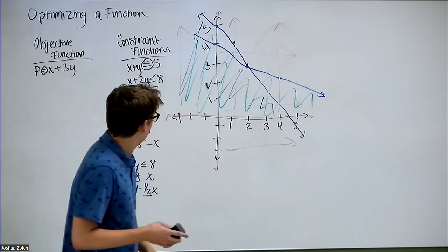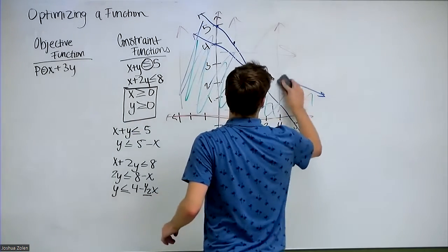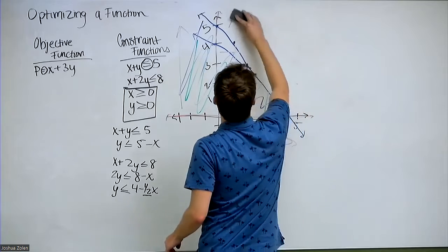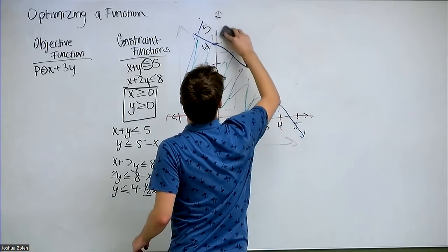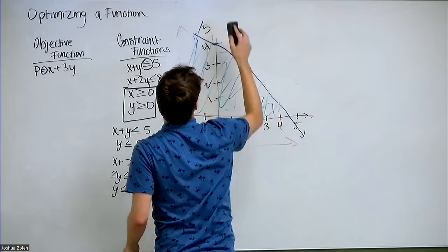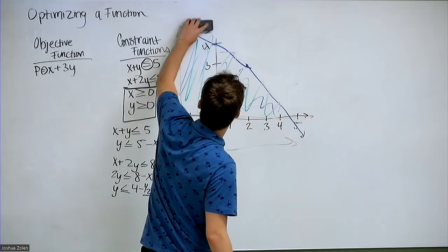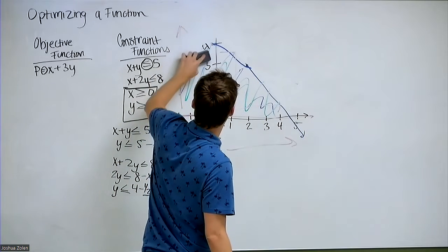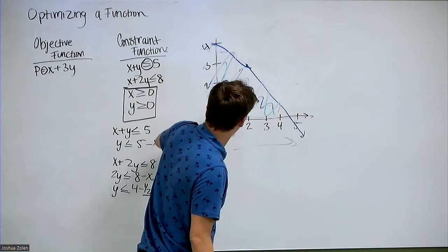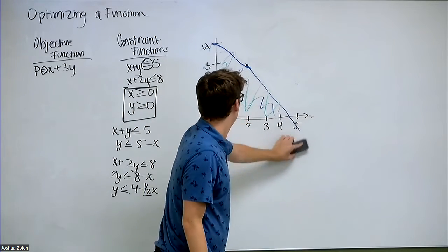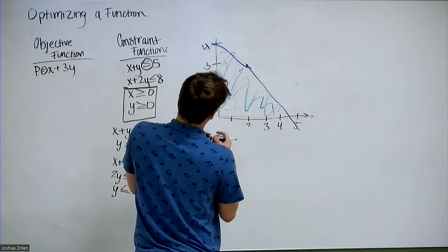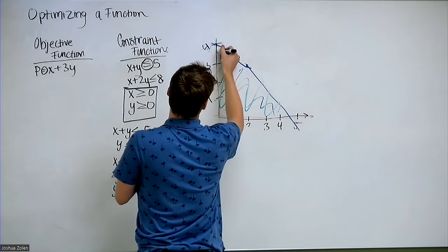So I'm going to try to erase all this extra stuff so that you can see it a little bit better. All right, there you go. We have somewhat 4 sides right here.